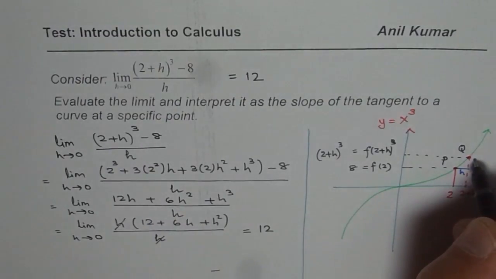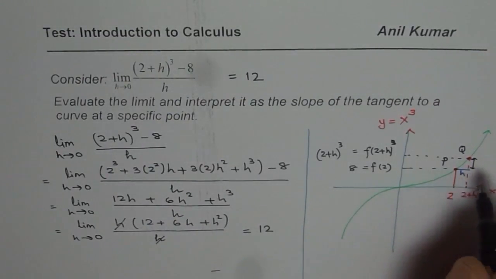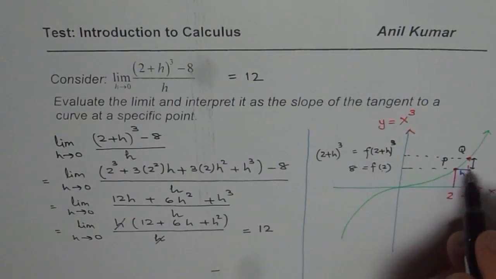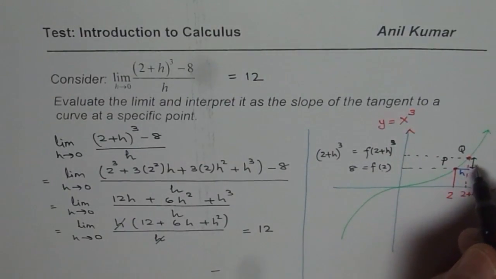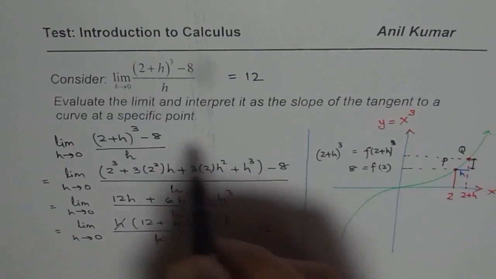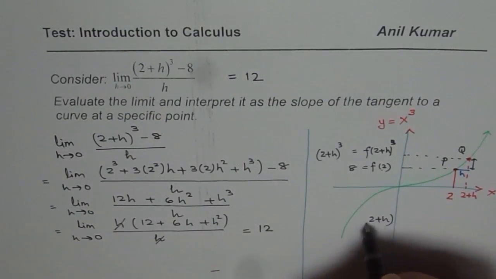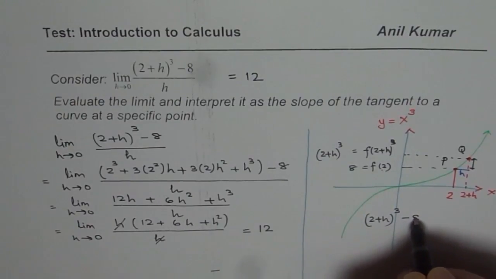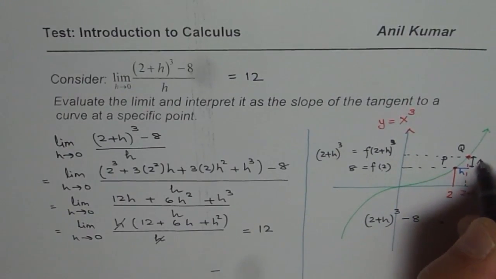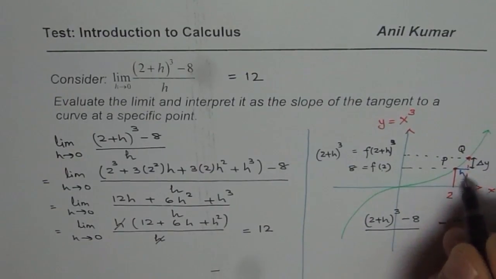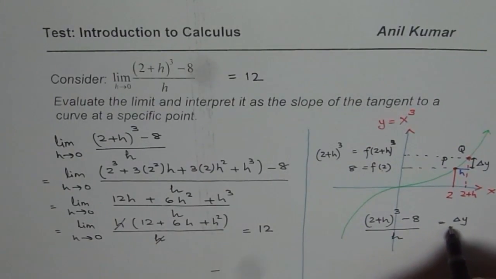So this height here is the numerator part, the difference of these two. So what we find here is that (2 plus h) whole cube minus 8 is actually delta y. And the denominator h is actually equal to delta x.